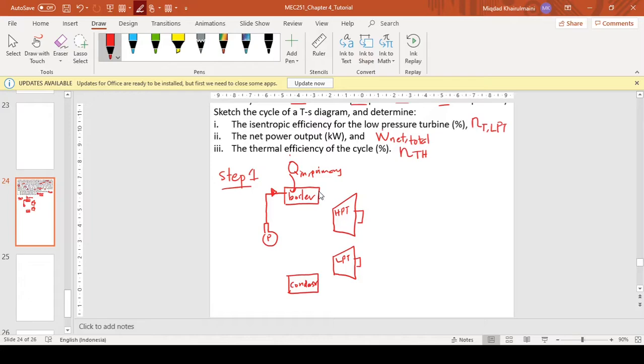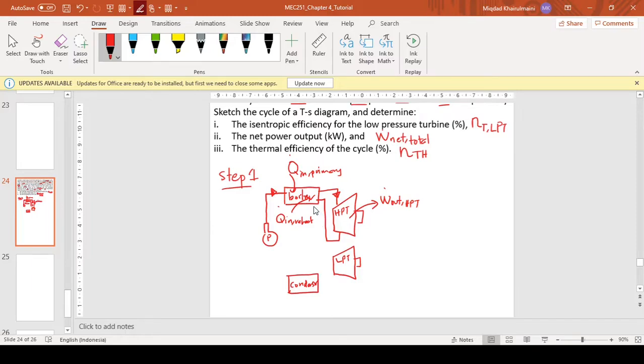It exits the boiler to enter the high pressure turbine, where it will produce a work output for the high pressure turbine. Then it exits the high pressure turbine, and it re-enters the boiler for the reheating process. So there will be a Q in reheat here.